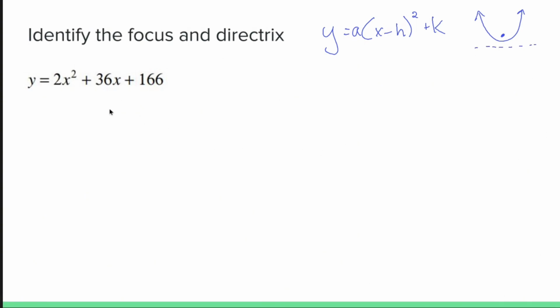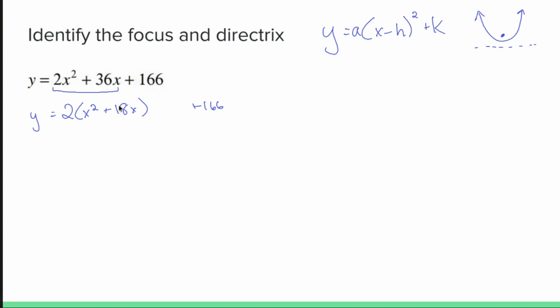Okay? So, having said that, what we're going to do is complete the square in order to get this in vertex form. First thing that we're going to do is pull a 2 out of just these first two terms. So y equals 2x squared plus 18x, and then plus 16 is just going to linger over there.